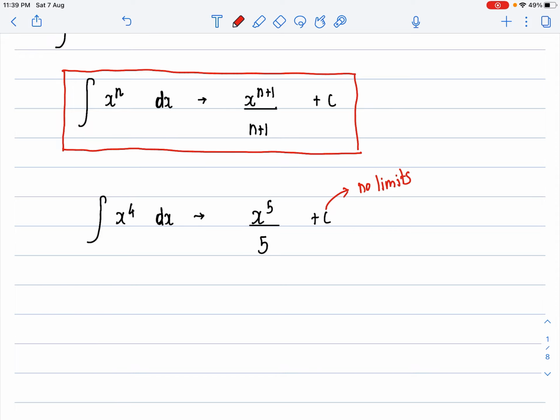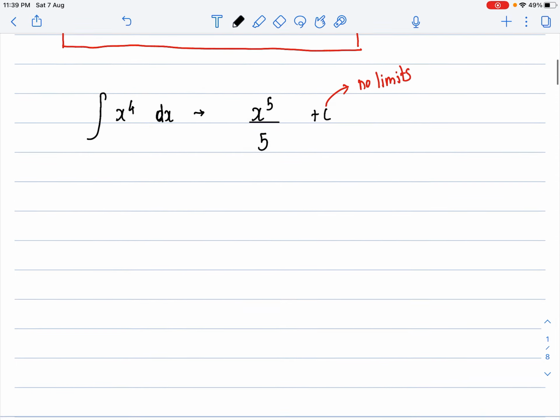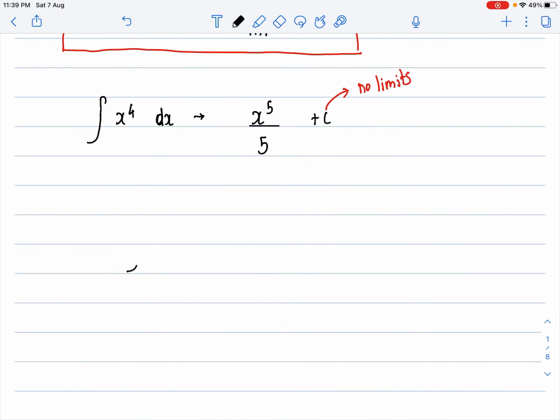Let's say I get a question like the integration of 3x raised to 5 with the limits 0 and 1 and a dx here. How do I solve something like this? First, I can take the 3 outside, with the limits 0 to 1 and x raised to 5 dx.